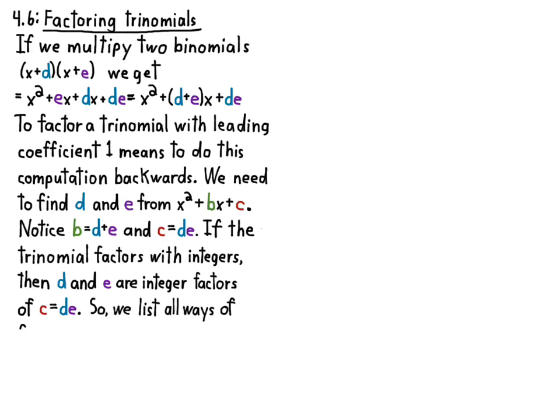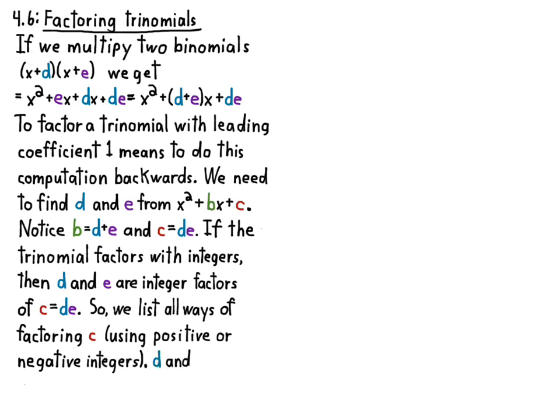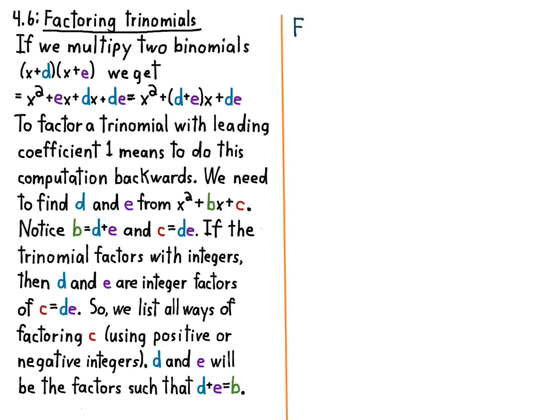So we list all ways of factoring c using positive or negative integers. D and e will be the factors such that d plus e is b. So you list all the ways of factoring c, and then pick the pair that adds up to b out of those. So that's how you figure it out.